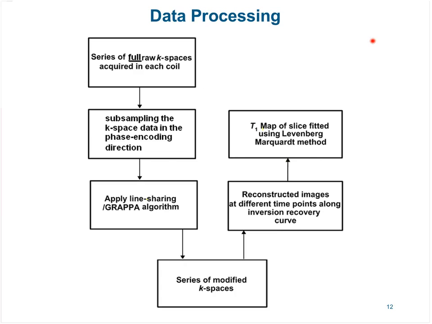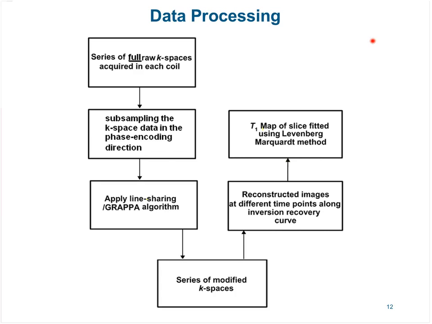First, you acquire a series of full raw k-space data from each coil, and then subsampling of the k-space data in the phase encoding direction, according to line sharing scheme which I have described earlier, or GRAPPA. And then after that, at the reconstruction stage, you apply line sharing or GRAPPA algorithm.